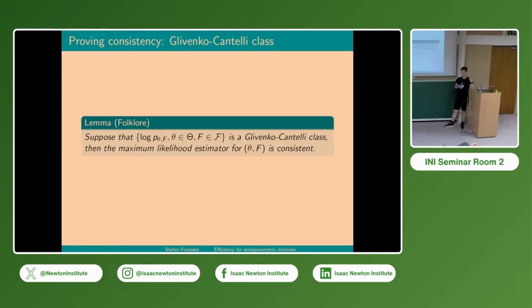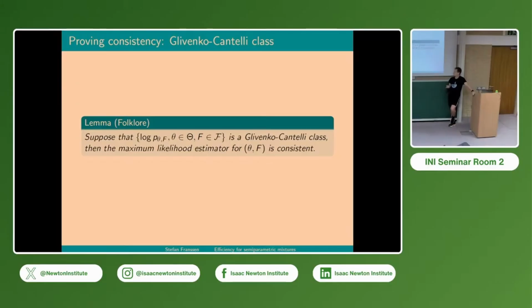So then you just use that the only mean zero thing is the truth, and then you will get the consistency of the maximum likelihood estimator. So this is more or less the state of this lemma, the proof. And that is more or less the state of consistency theorems that we have for these semiparametric mixture models.